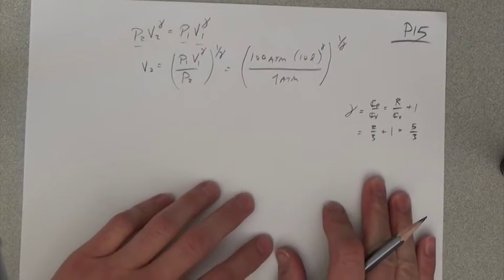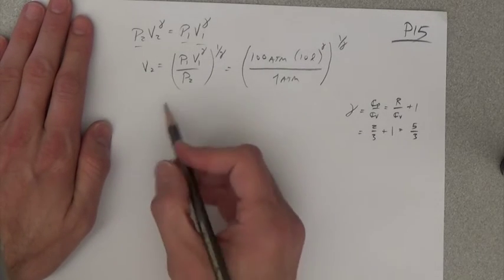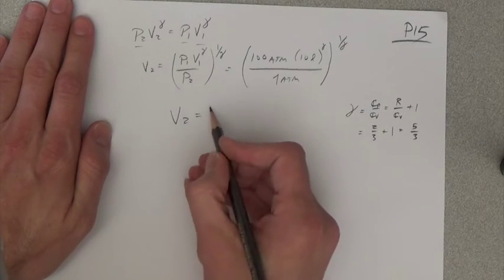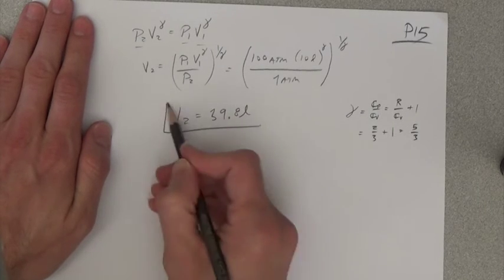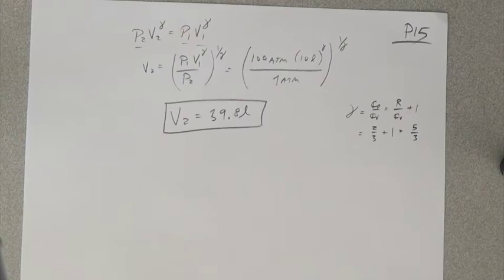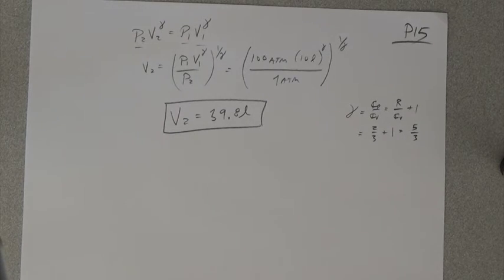So that gives us V2 is equal to 39.8 liters. So now we have pressure, temperature, and volume in state 2.